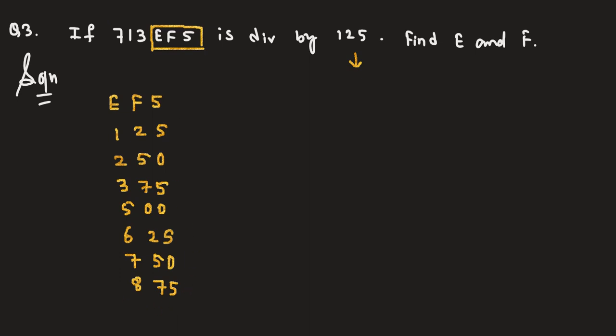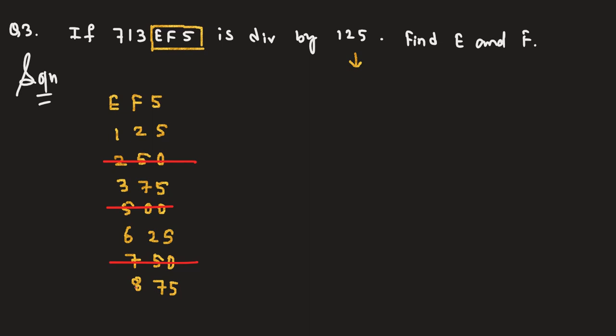So here the unit digit must be 5. So we can't take this one, we can't take this one, we can't take this one. So you notice the possibility: E is 1, then F is 2; E is 3, then F is 7; E is 6, then F is 2; E is 8, then F is 7. So these are the only possible values which they can take.